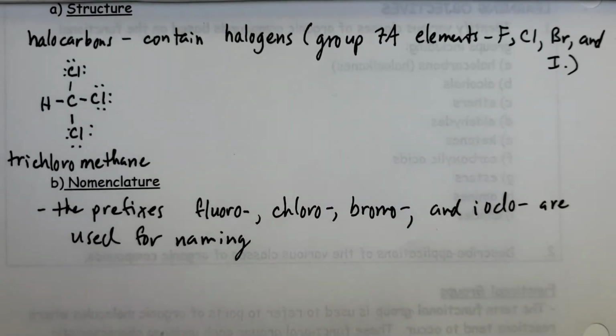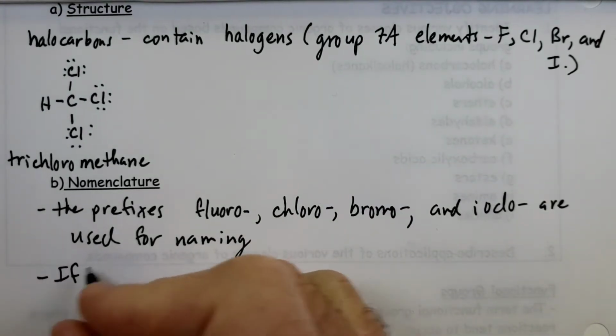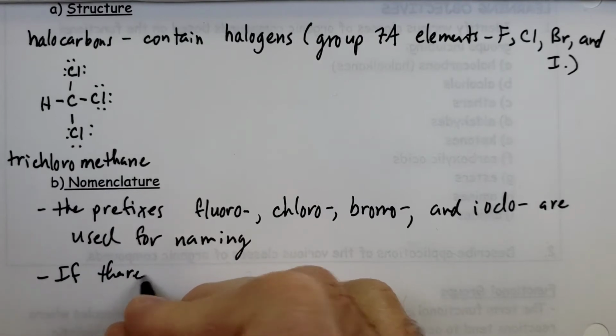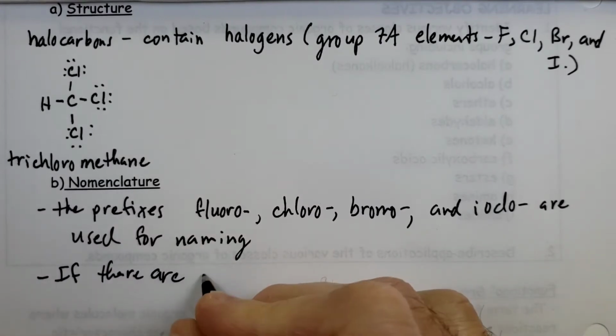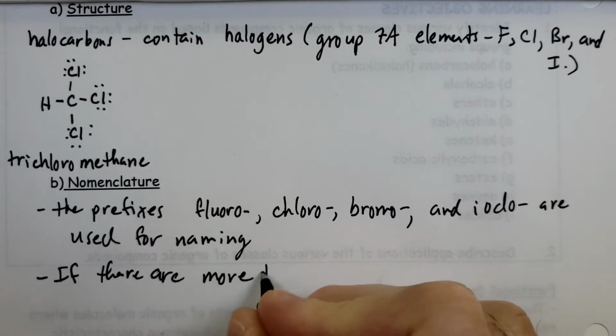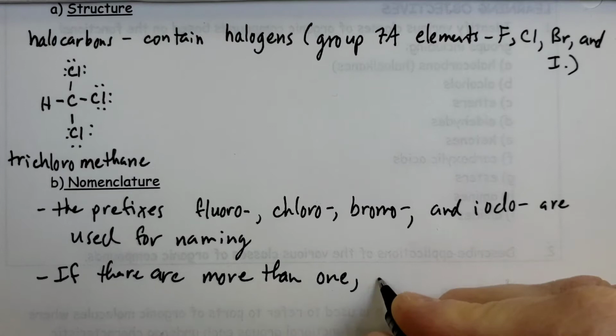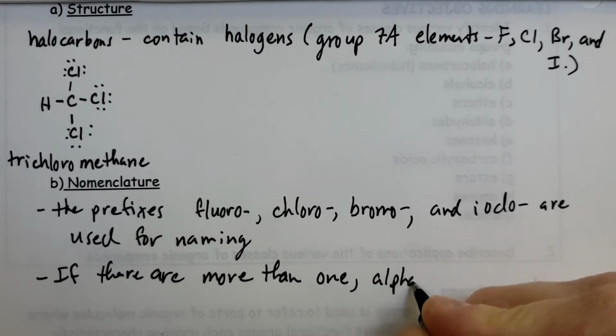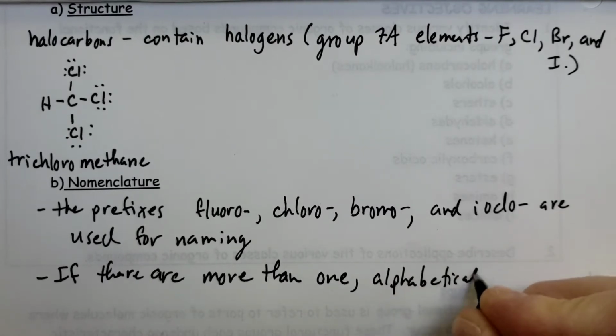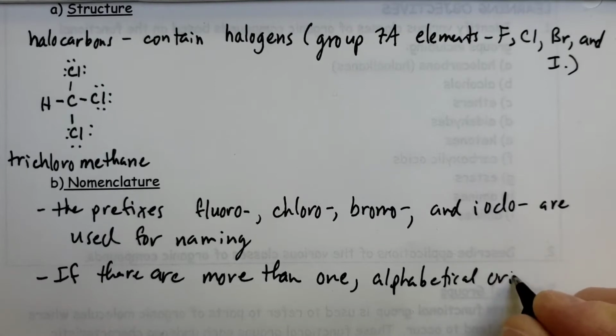And of course, another thing we should know here: if there are more than one type, alphabetical order is used.